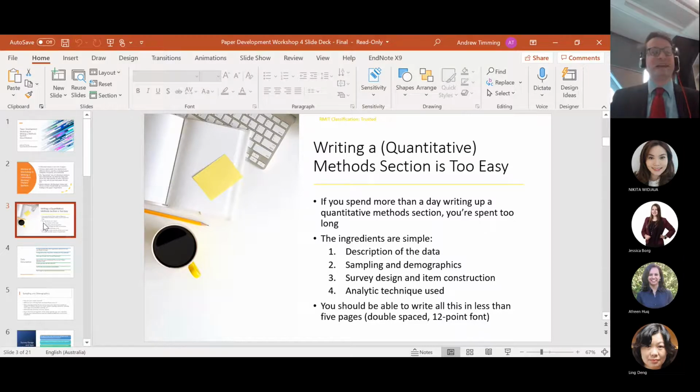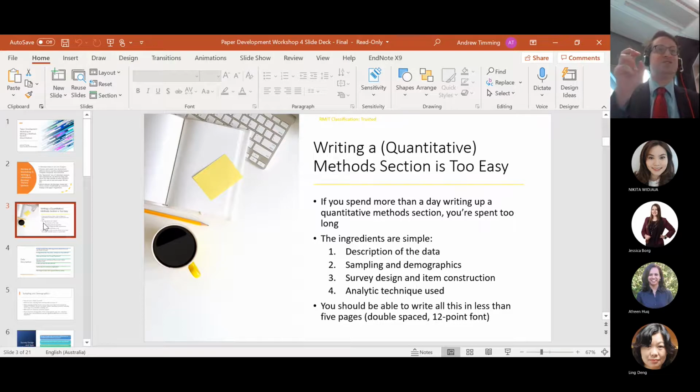And I would say, this is a generalization, there probably are exceptions to this, but you should probably be able to write your whole method section in less than 5 pages or so. And when I say less than 5 pages, I mean 5 pages, double spaced, 12 point, Times New Roman font.